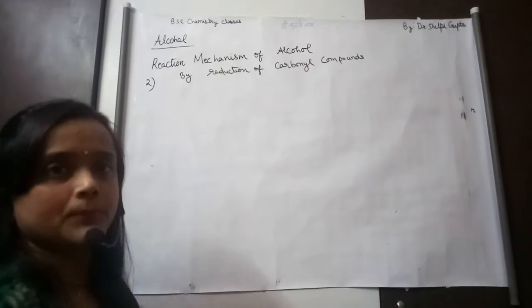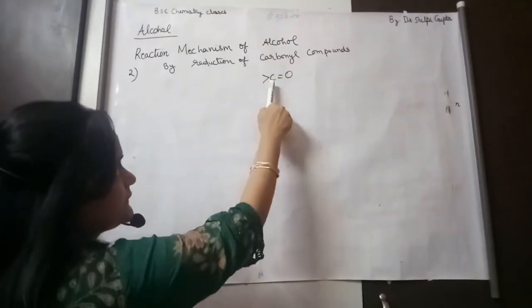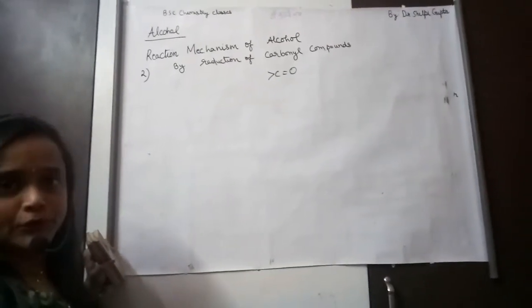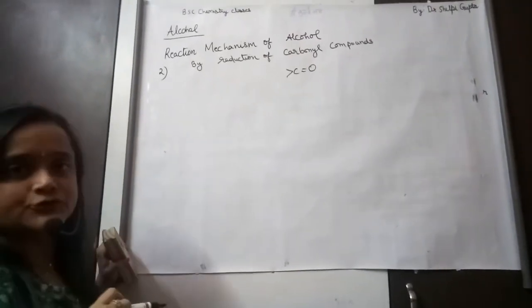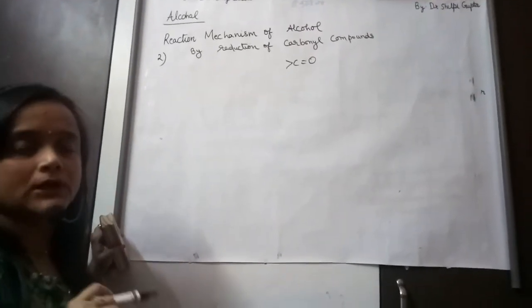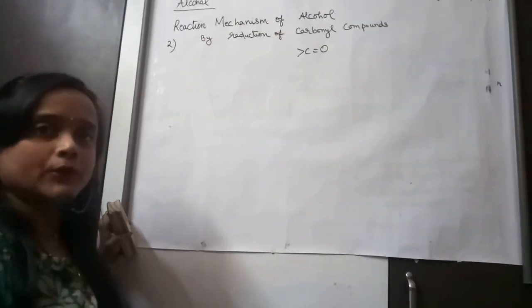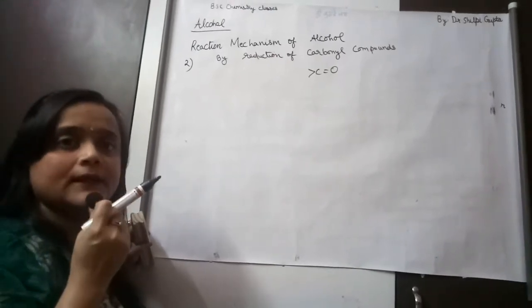What are carbonyl compounds? Carbonyl compounds are those compounds which have this group, C double bond O group, in their molecule. So what is carbonyl reduction? Carbonyl reduction is the organic reaction of carbonyl compounds in the presence of a reducing agent.